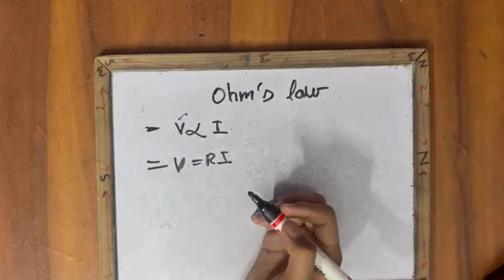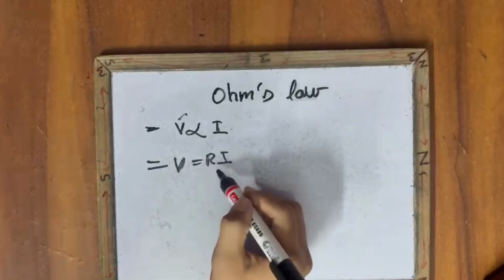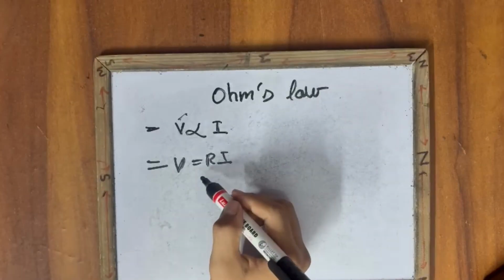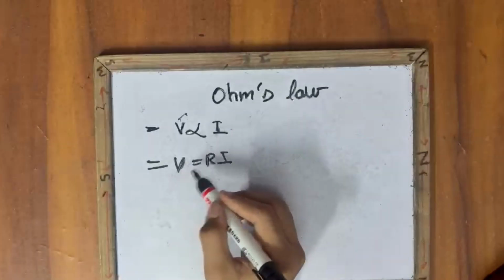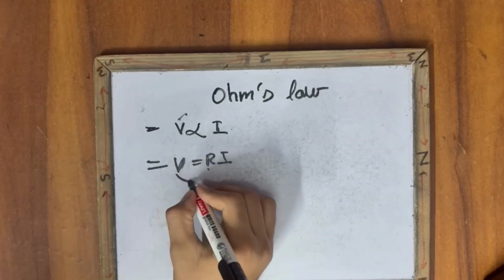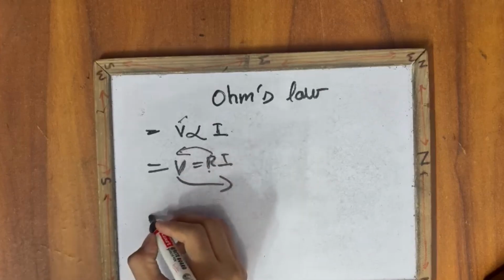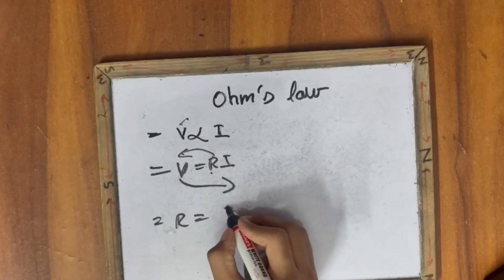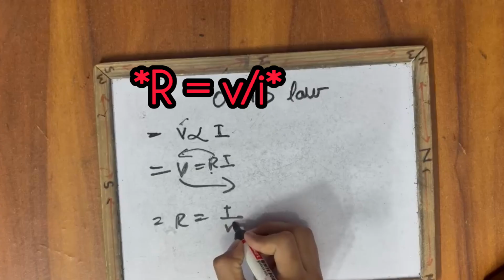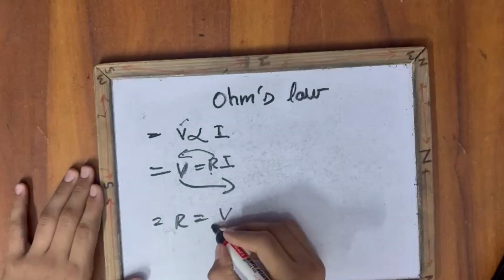For example, if we have to find resistance and we are given potential difference and current, then resistance equals V upon I.